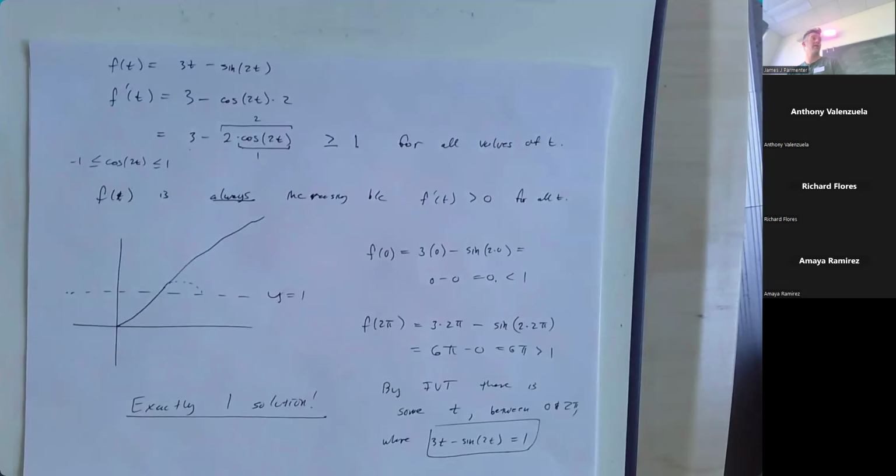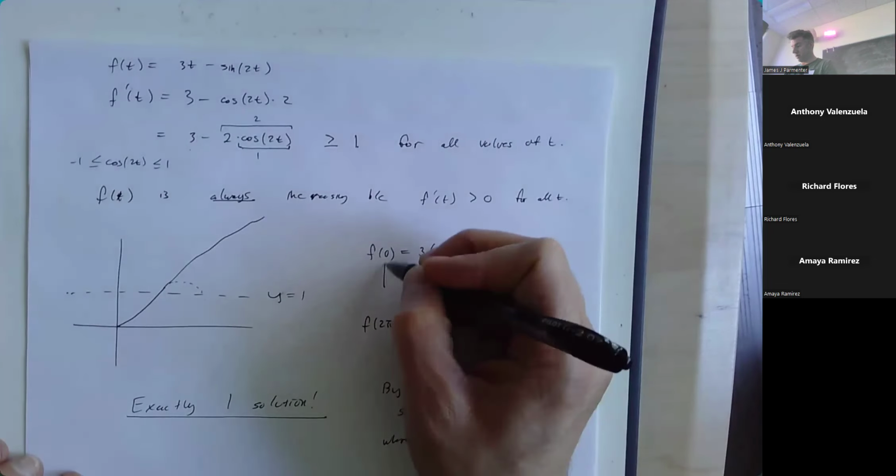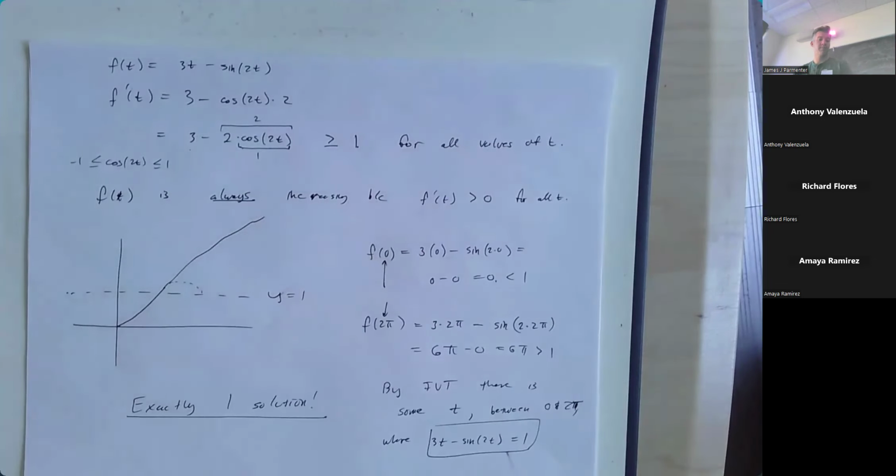Where do you get between 0 and 2 pi? Because I picked 0 and 2 pi. He picked different numbers, right? He picked 0 and pi over 2 in his solutions. But I was going for an answer that was easier, where I know 2 pi is for sure going to be big enough to be over 1.